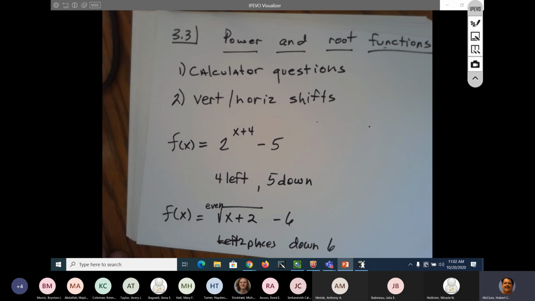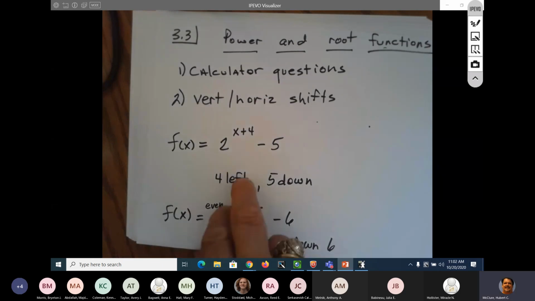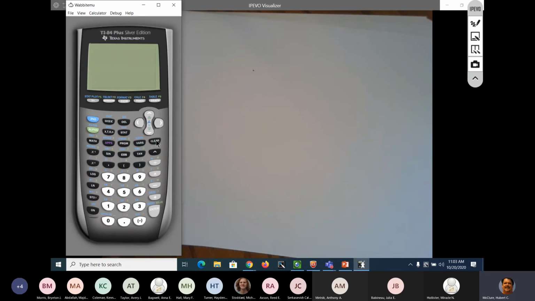So on your family of graphs, you better go ahead and remember that the root function and the square root function and the exponential function, they all look kind of the same. If you were to take your handy dandy calculator and do clear, second quit, y equals, clear, 2 to the x power.